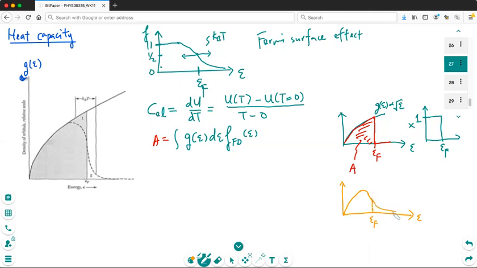Eventually I get this dashed line here. Again I do the integration and I have this area, A prime. To make you understand this, I'm going to say this is T greater than 0.